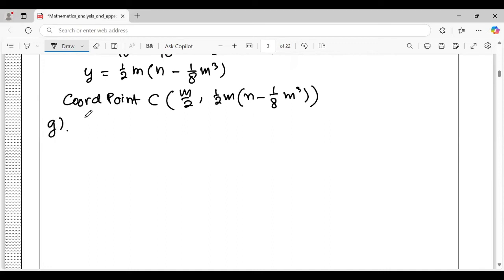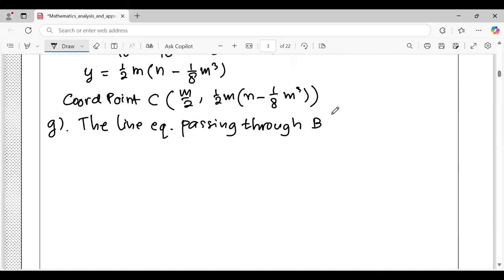The line equation passing through B, the origin 0, 0, and C with coordinate point m half and half m times n minus 1 over 8 m cubed.